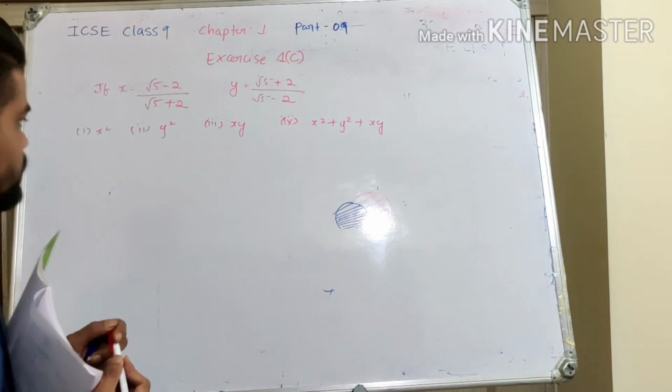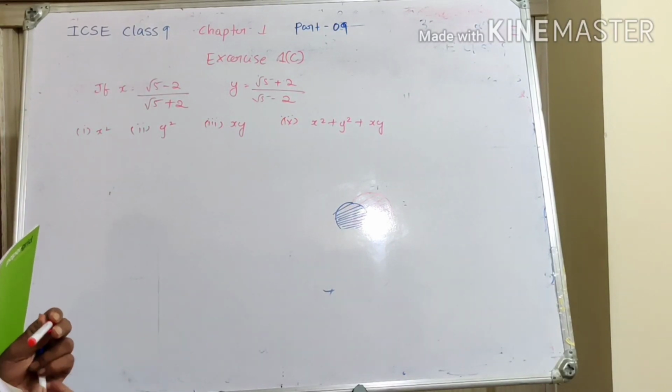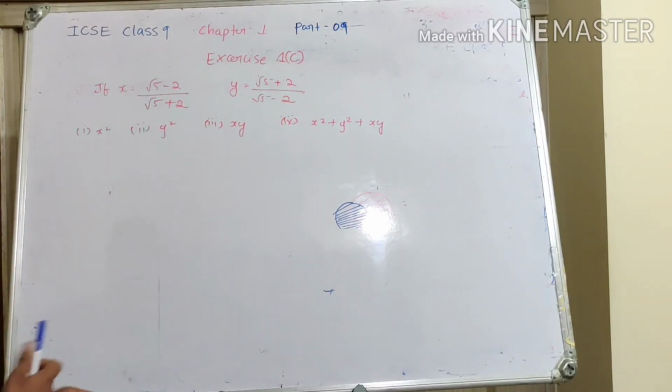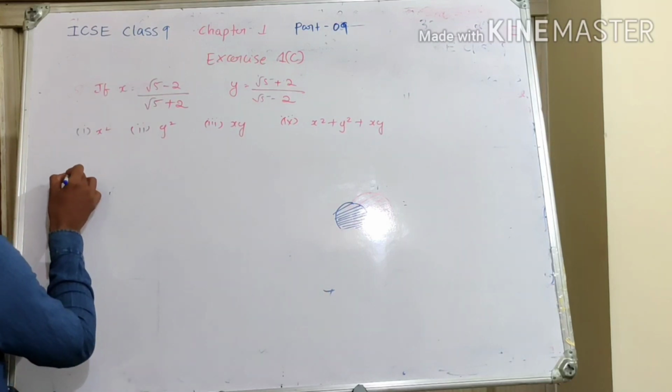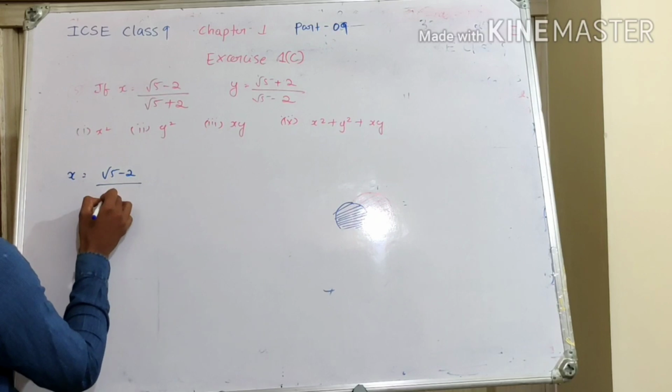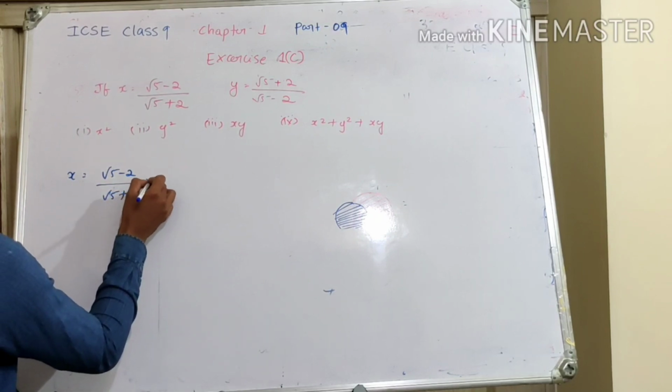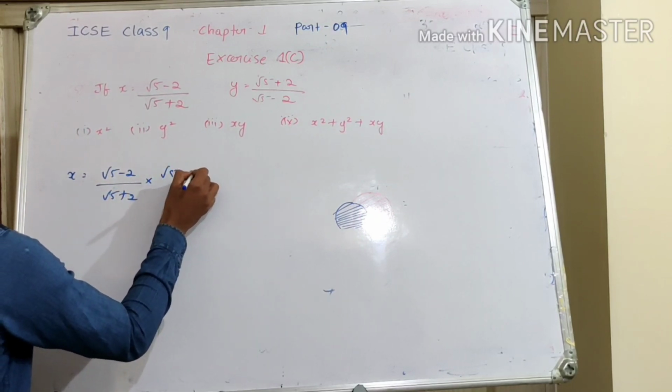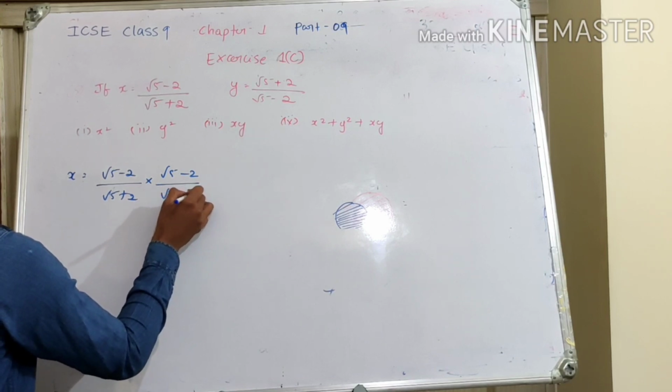So instead of squaring x and y directly, let us simplify them first. Given x is equal to root 5 minus 2 by root 5 plus 2, we multiply the denominator and numerator by the rationalization factor of this.